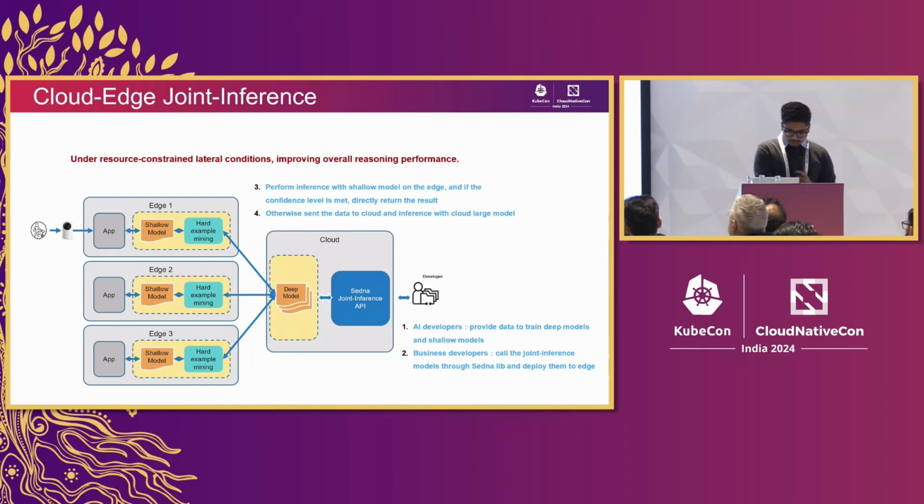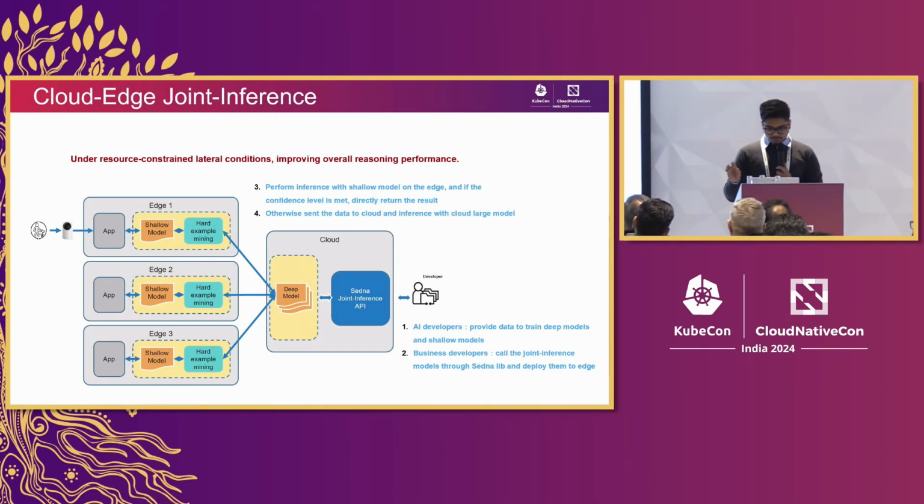Talking about the joint inference. With joint inference, we have a shallow model running at the edge, and a deep model running in the cloud. What happens here is that if a request is sent by the user and the confidence level is met by inference at the edge, the response will be returned, or the action will be taken at the edge itself. It will not be connected to the cloud.